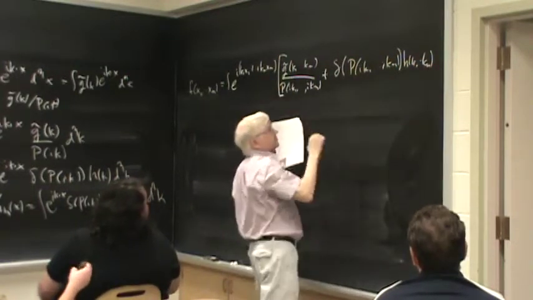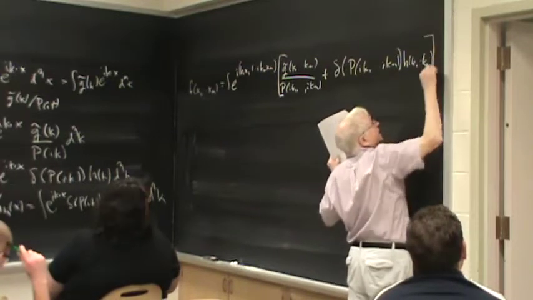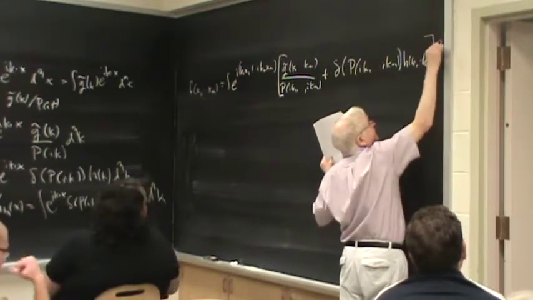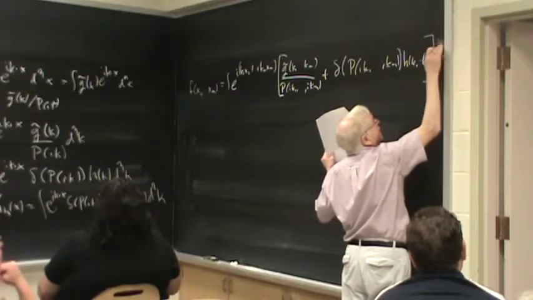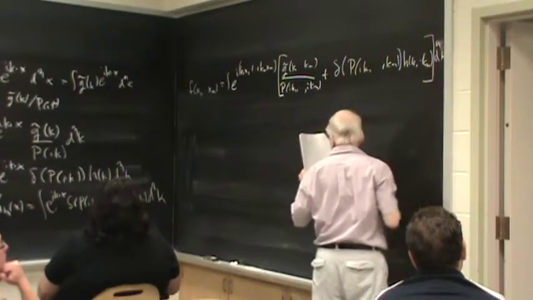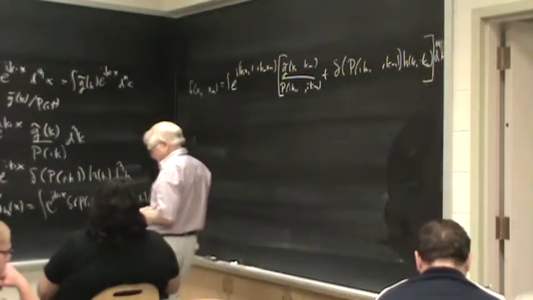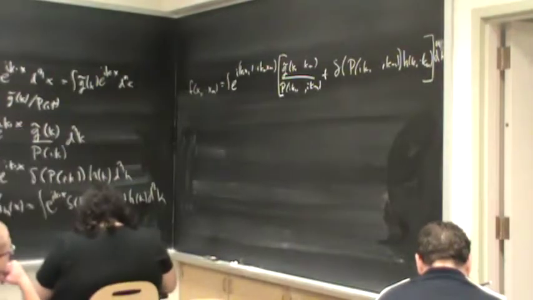We need a bracket there, and then d^n k. Okay, so that's more or less the general solution.